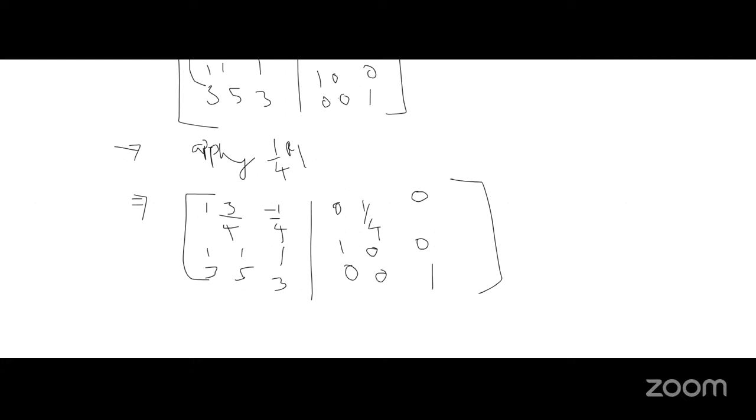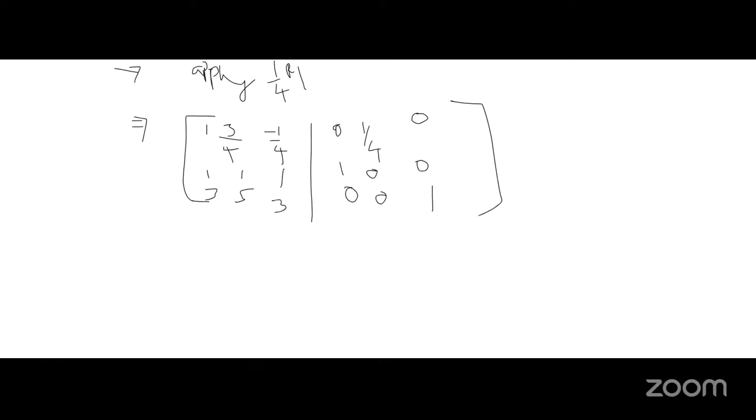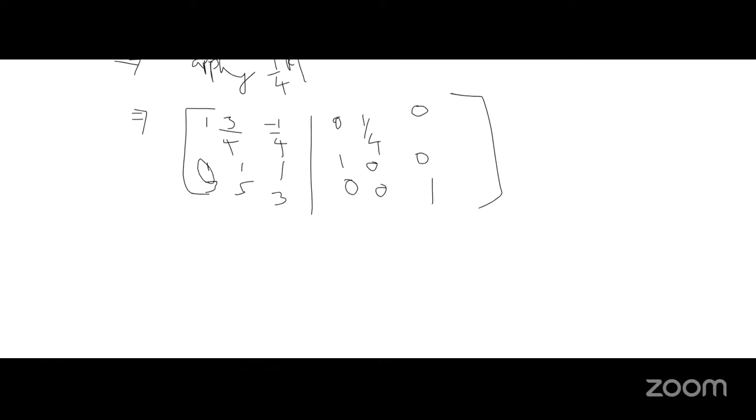And next, we have to make these 0 and 0. It is already 1 now. So R2 minus R1 and R3 minus 3R1.